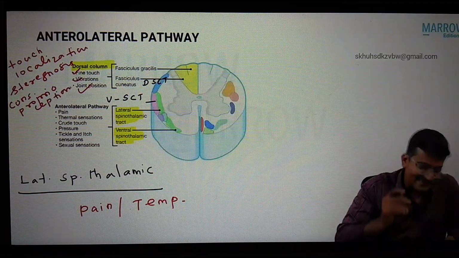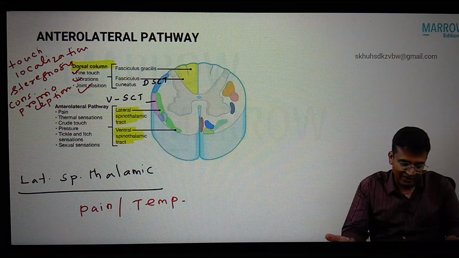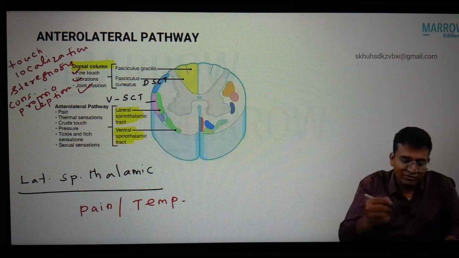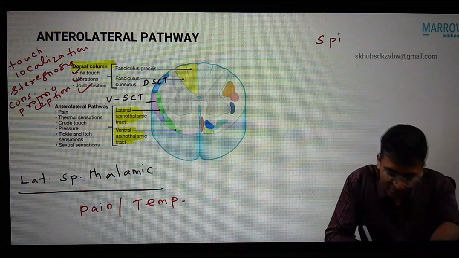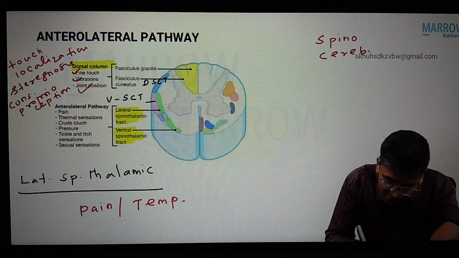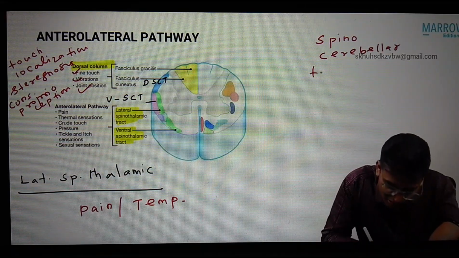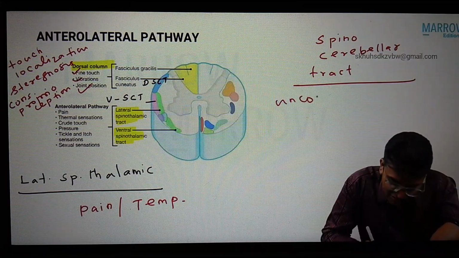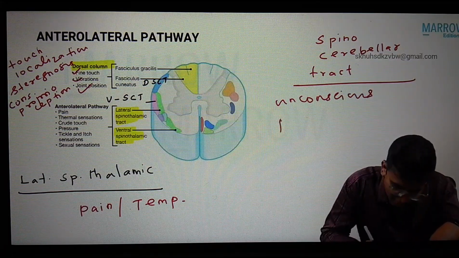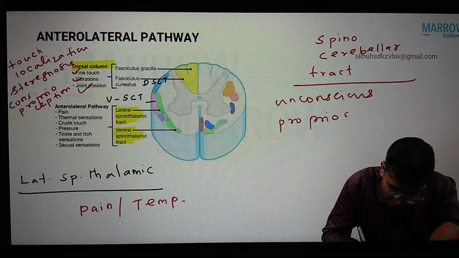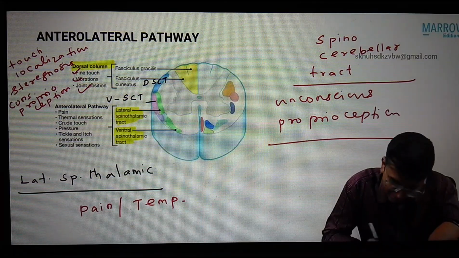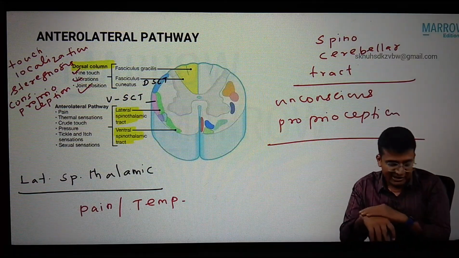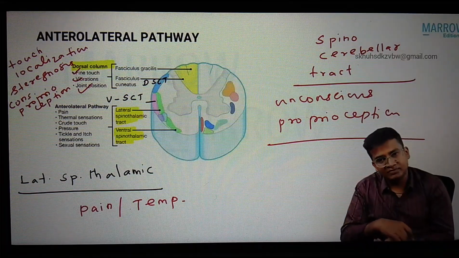So all the higher sensations are carried by the dorsal column tract. And we also have the spinocerebellar tract, which carries unconscious proprioception. Now these are the sensory modalities carried by the ascending tracts.